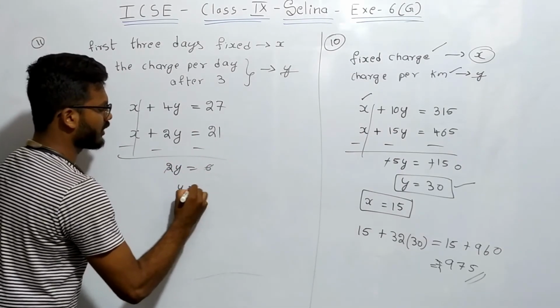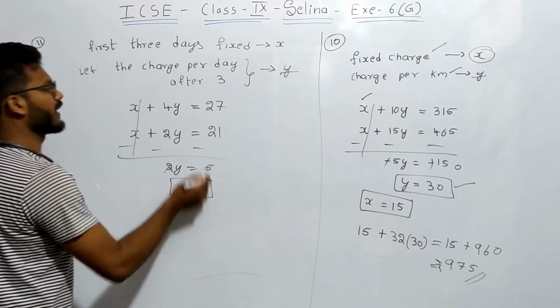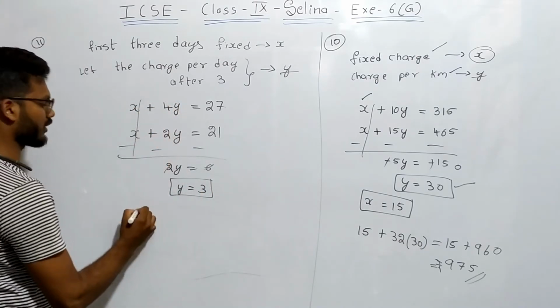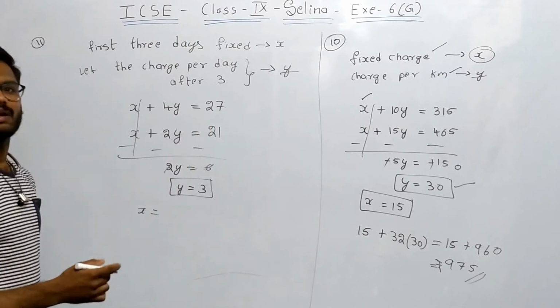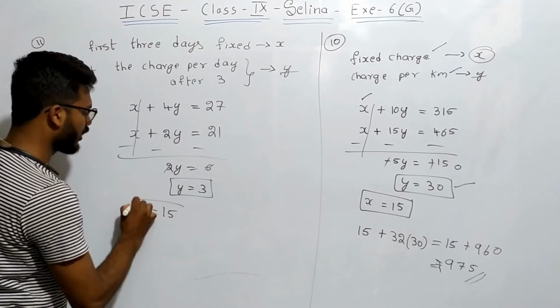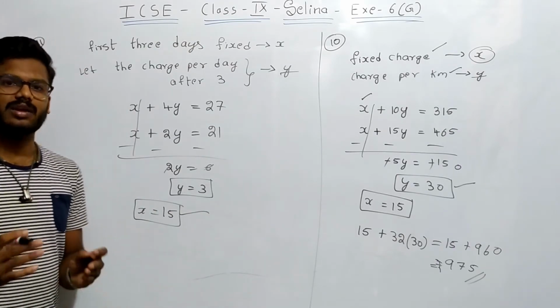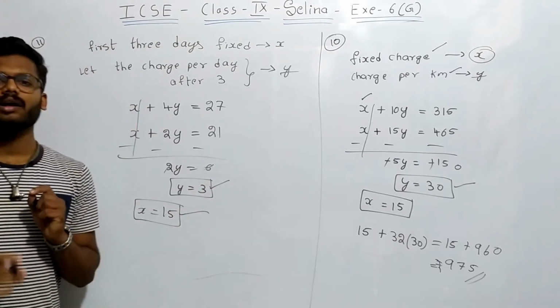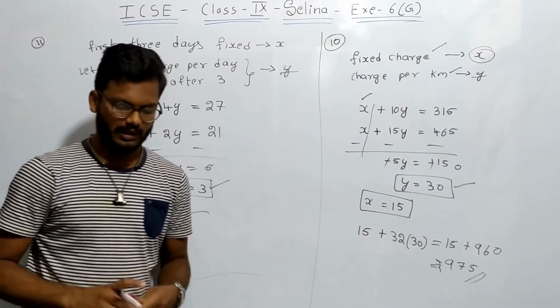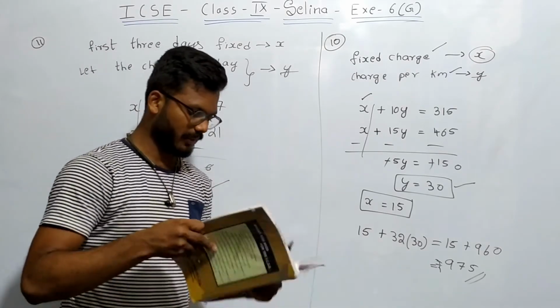So y is equal to 3 rupees, and substitute here: 3 2's are 6, X is equal to 21 minus 6, that is 15. So for first 3 days it is 15 rupees, and thereafter for each day you have to pay 3 rupees extra. Okay. Moving on to 12th problem.